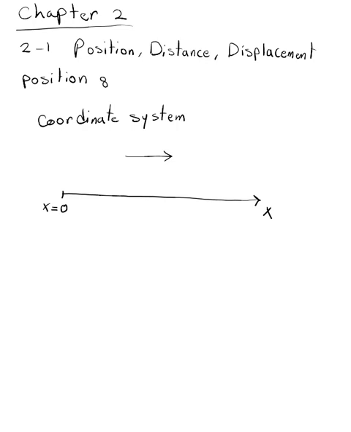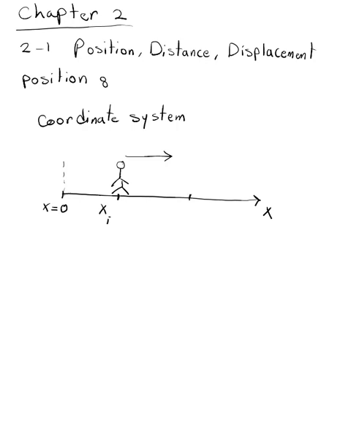Now, for example, the particle that I'm going to choose is a person who has moved to the right from an initial position. So let's say that x equals 0 is my origin, and then I'm going to locate my person at the initial position, let's call it x sub i, and then this person is moving to the right from an initial position to a final position.